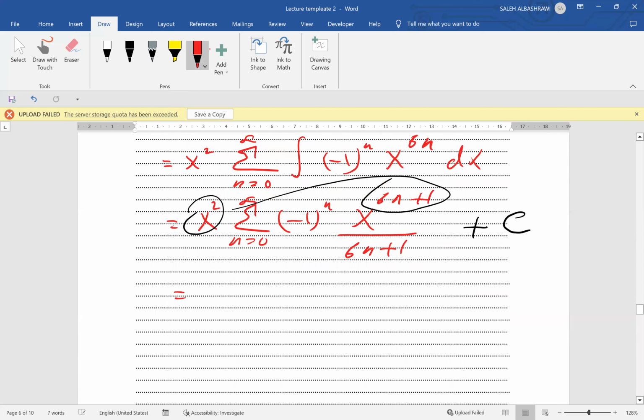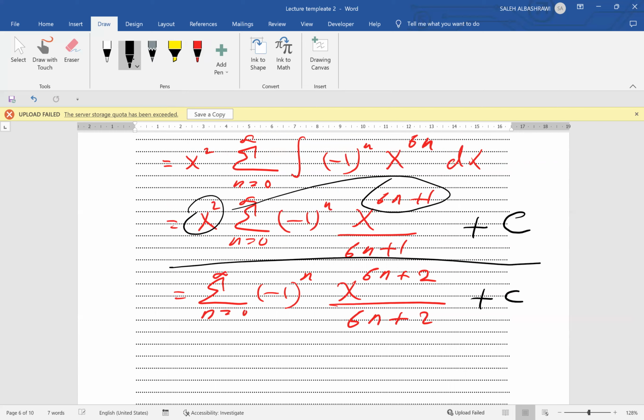I will have sigma minus 1 to the power n times x to the power 6n plus 3 divided by 6n plus 1, and it starts from 0 to infinity, plus the constant c. So this is the power series representation.